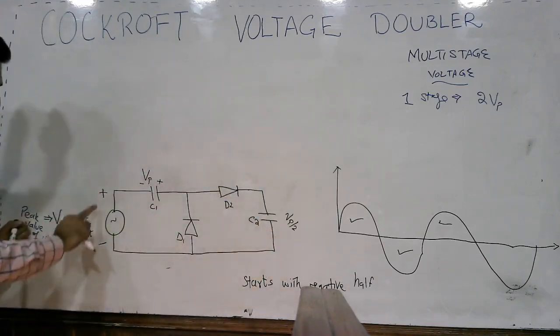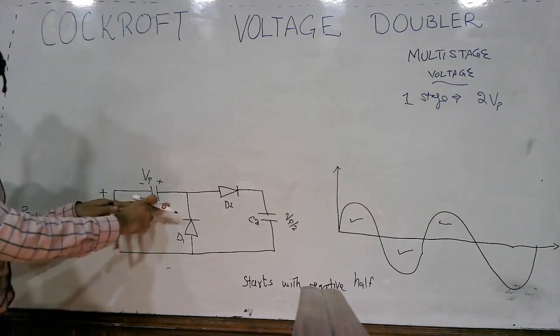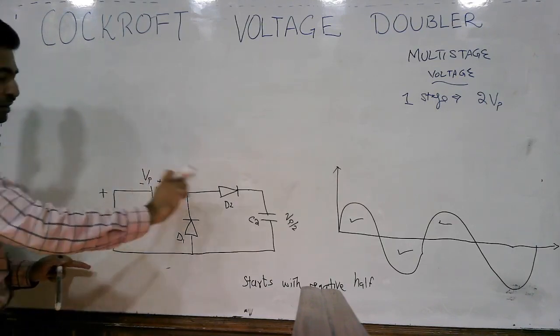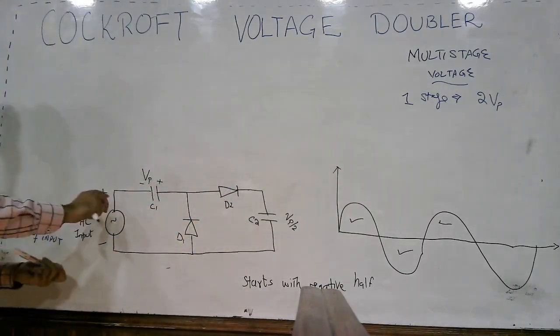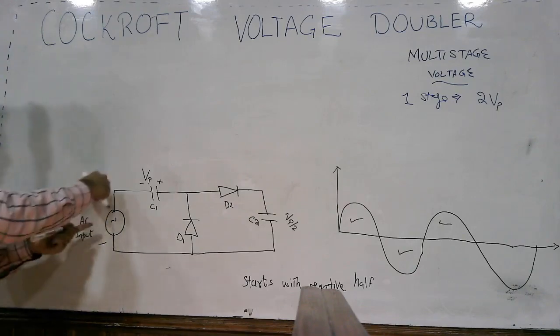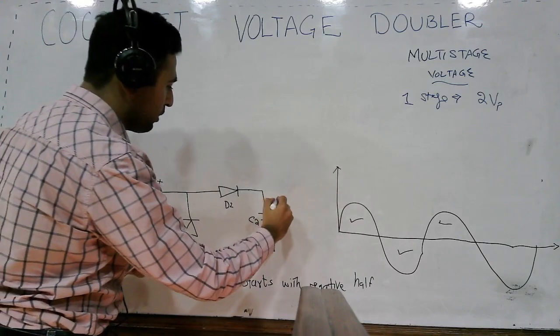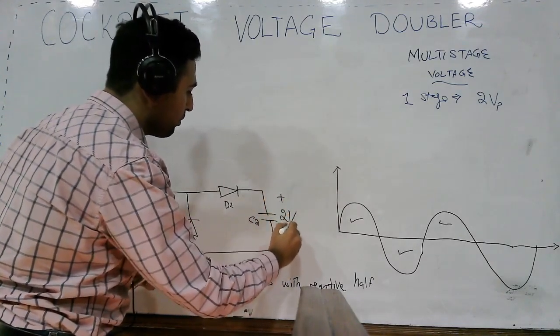Now this input voltage will add up with the voltage stored at the capacitor, and this capacitor will discharge across the capacitor C2 along with this input voltage, and the voltage here will be plus minus 2 Vp.